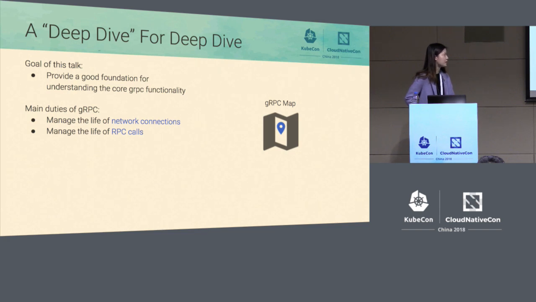I hope that by the end of this talk, you can have a gRPC map in your mind, so when you later dive into our code base, you will never get lost. gRPC is mainly about 2 things. First is managing the life of network connections, and the second is managing the RPC calls over those network connections. So this talk will be focused on these 2 things.